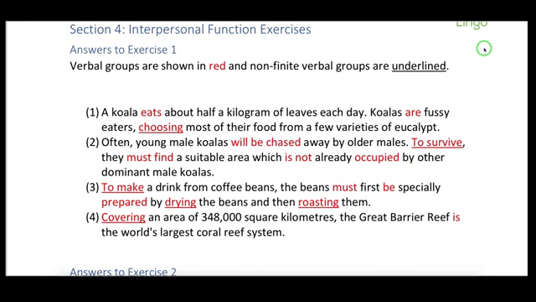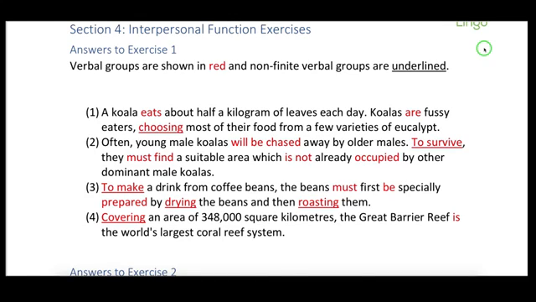In the next sentence, there are actually two clauses and two verbal groups. The first one is koalas are fussy eaters. And again, are is finite. But the next clause, choosing most of their food, is non-finite.